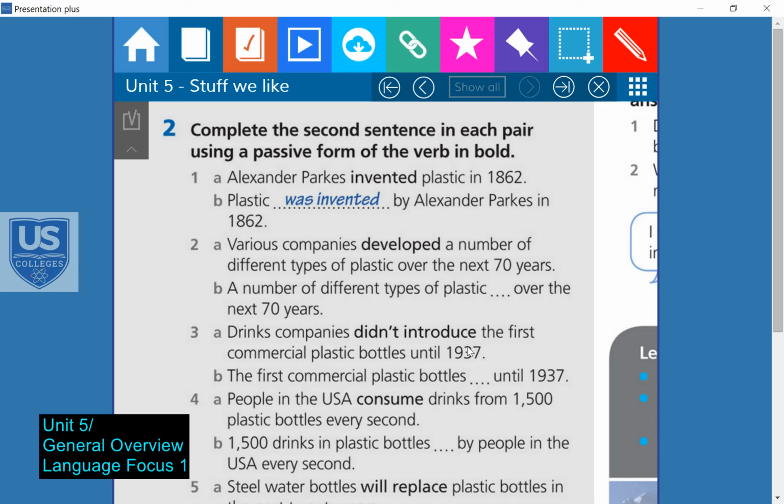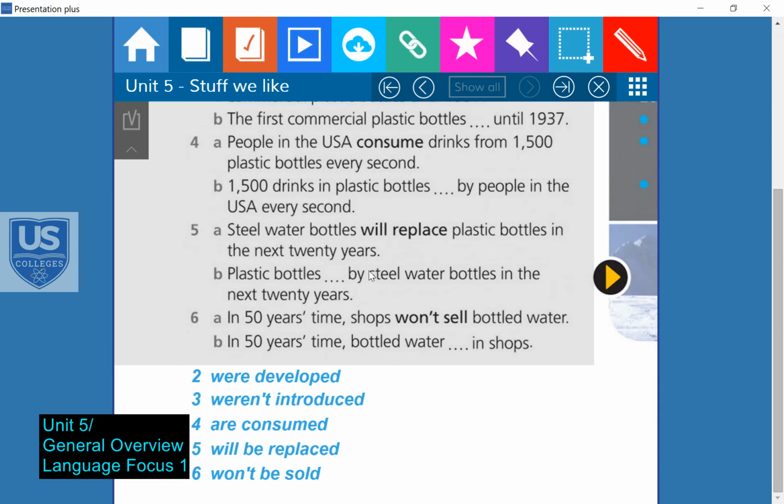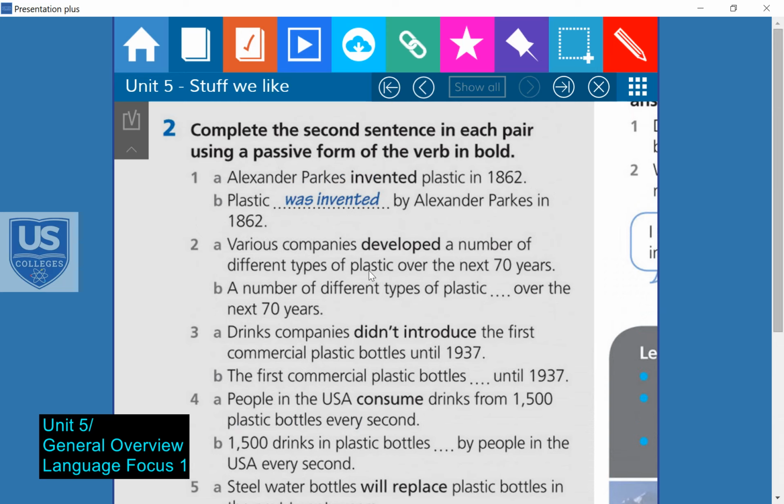Because I found it, now it's time to start the passive sentence with the one that I found. What was the thing that I found? It was the object of the active sentence. So: a number of different types of plastic were developed over the next 70 years. It was very simple, as you see.